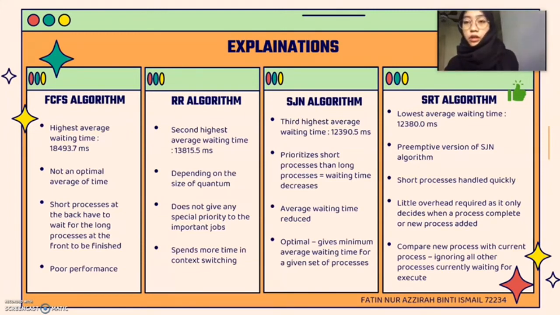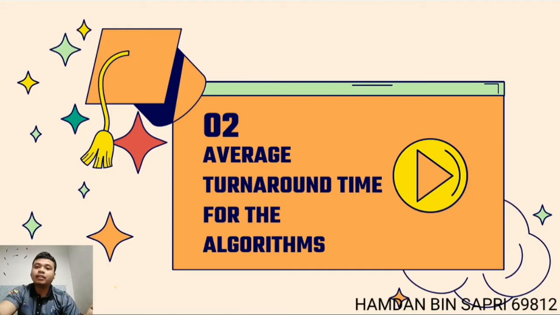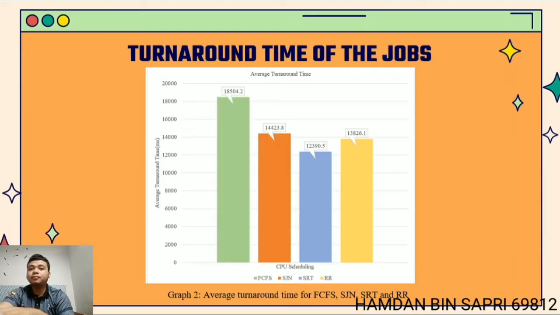In short, for average time category, the best algorithm is shortest remaining time because it has the most minimum value of average waiting time compared to first come first serve, shortest job next, and round robin algorithm. Thank you. The turnaround time is one of the main criteria to determine the high quality CPU scheduling algorithm.